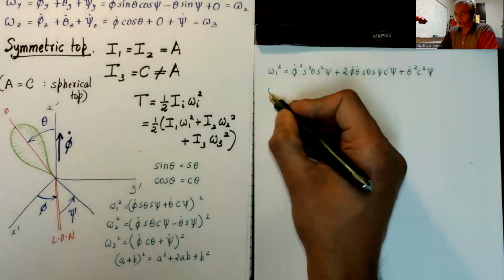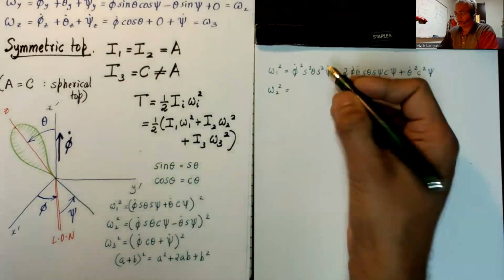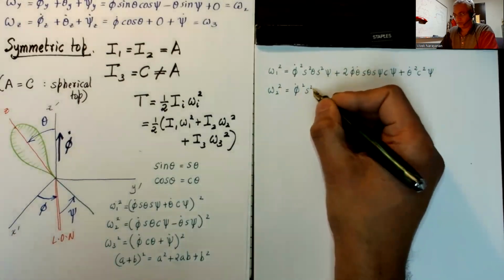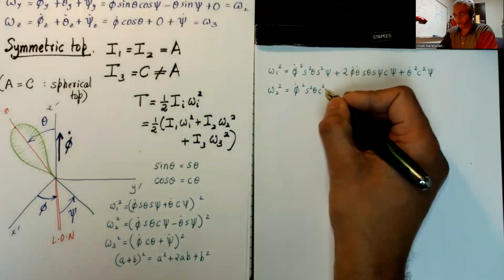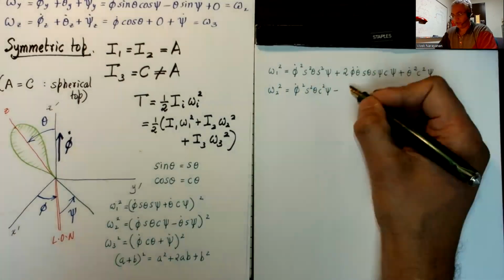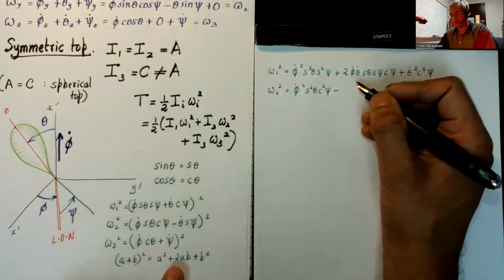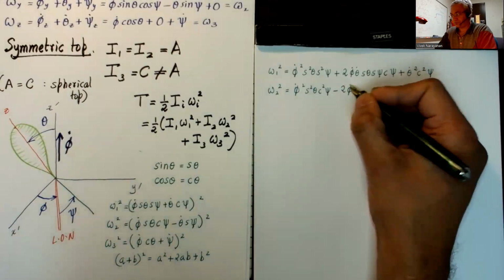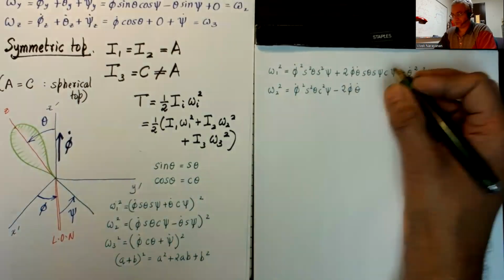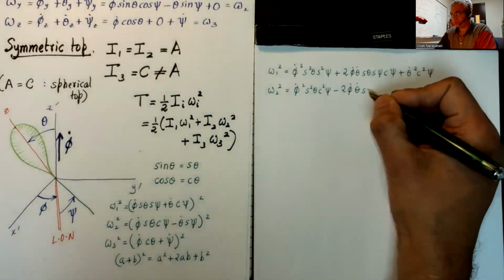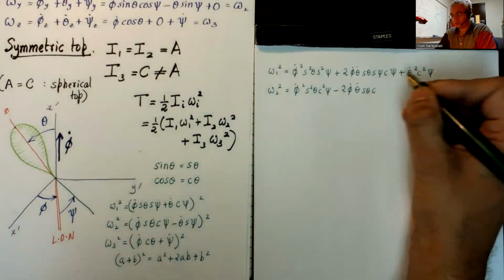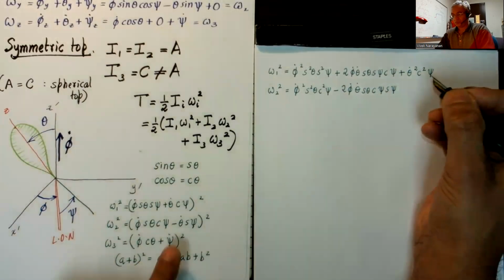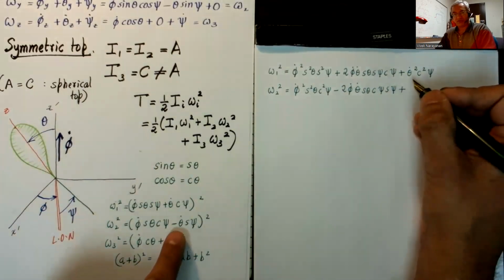All right, then omega 2 squared, because of the minus sign, I'm going to get minus 2ab. The minus sign goes away when you square this term.